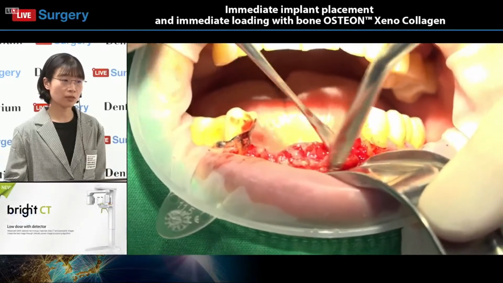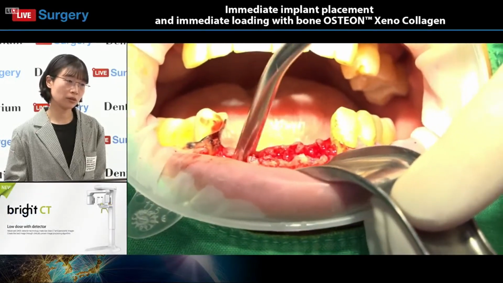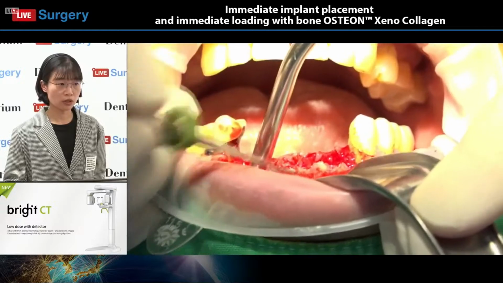I think there's much bleeding on the canine positions.